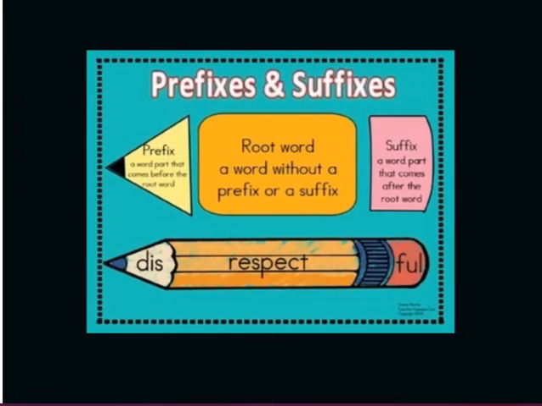Here's an example of a root word. The root word is the word that has no prefix or suffix. So in this case, we have the word respect. This is the root word or the base word. The root word has its own meaning.